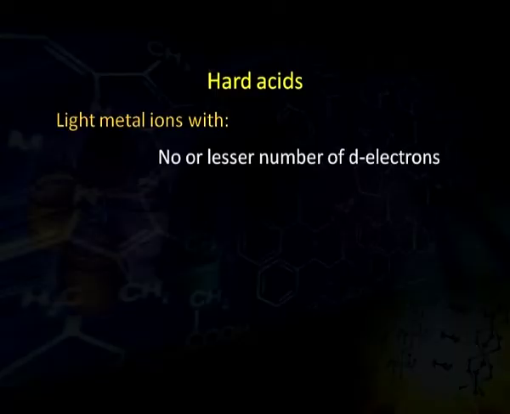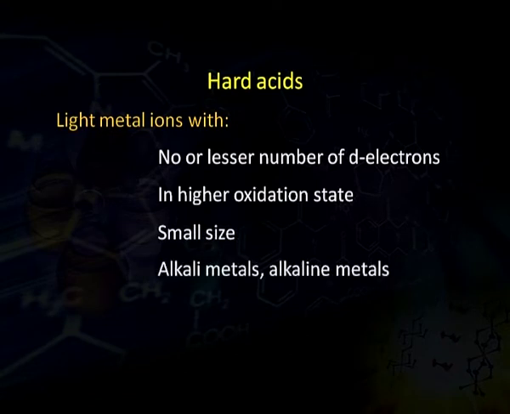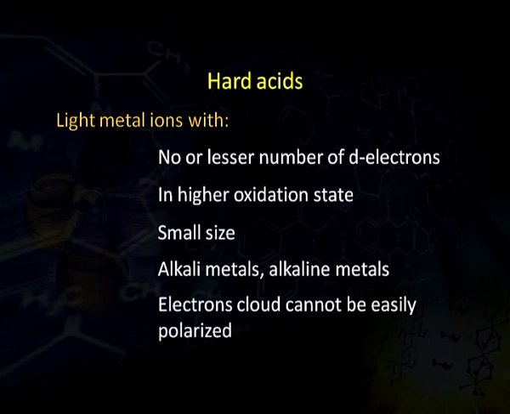Coming on to hard acids. What are hard acids? These are the light metal ions with no or a lesser number of d electrons, light metal ions which are in a high oxidation state, metal ions with small size like alkali metals and alkaline earth metals, and metal ions whose electron cloud cannot be easily polarized.